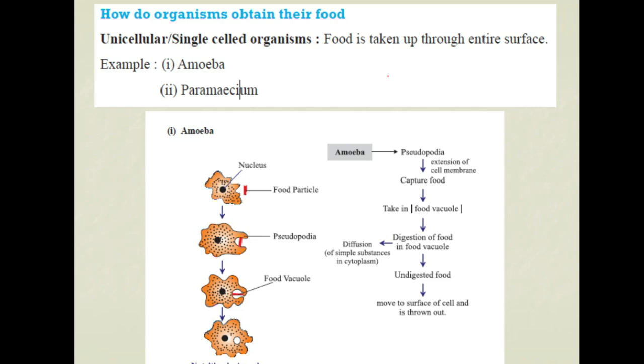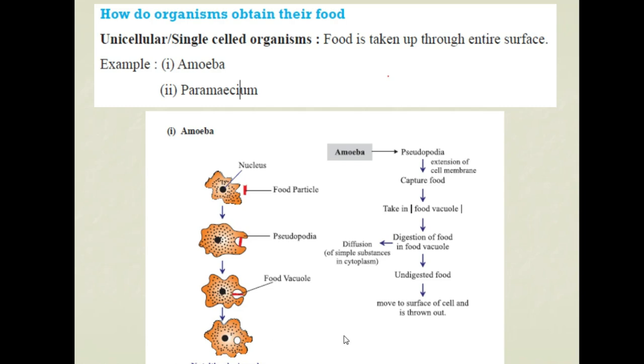So there will be a lot of enzymes inside the amoeba which help to digest it, and through the simple diffusion process, the digested food will be distributed to the entire surface and the amoeba grows. So the remaining undigested food will be brought to the surface, and then it will be thrown outside.